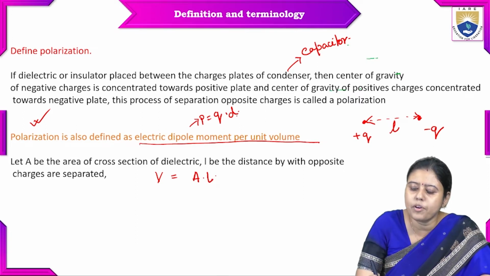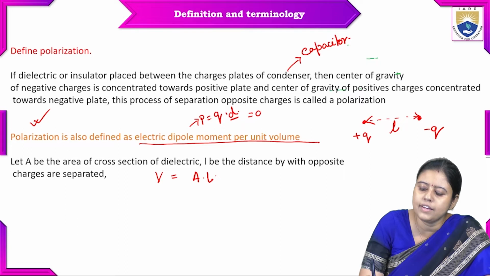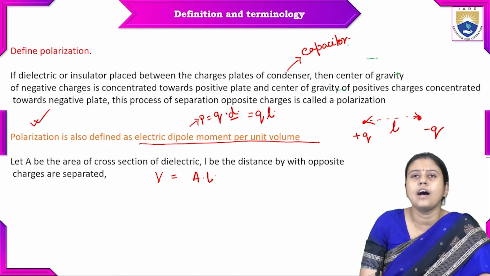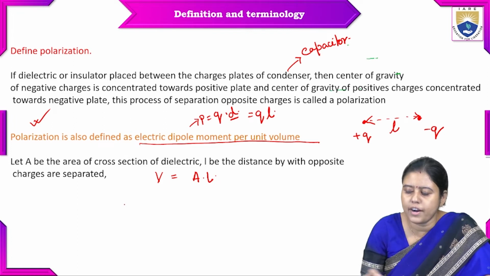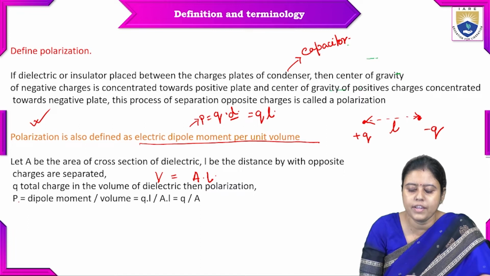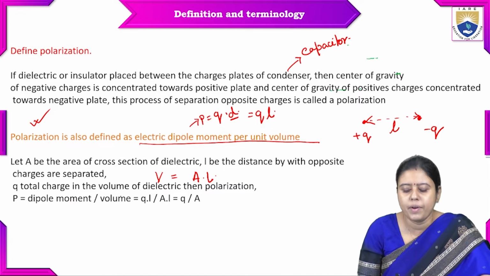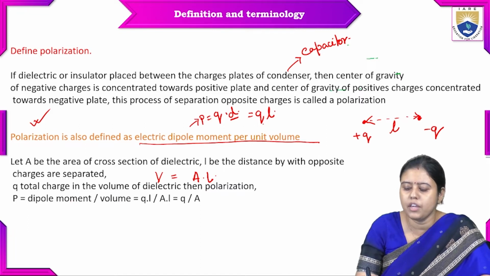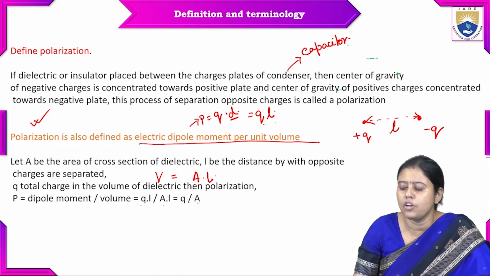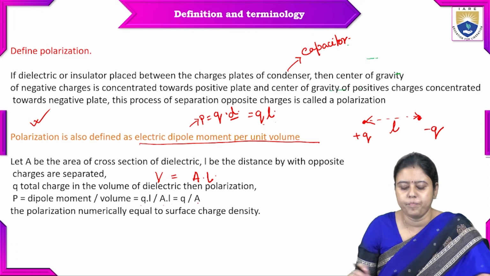Now what is the dipole moment? If the distance is L, it is Q into L. So we can write the definition of the polarization: P is equal to dipole moment per unit volume. So Q into L divided by A into L is equal to Q by A.